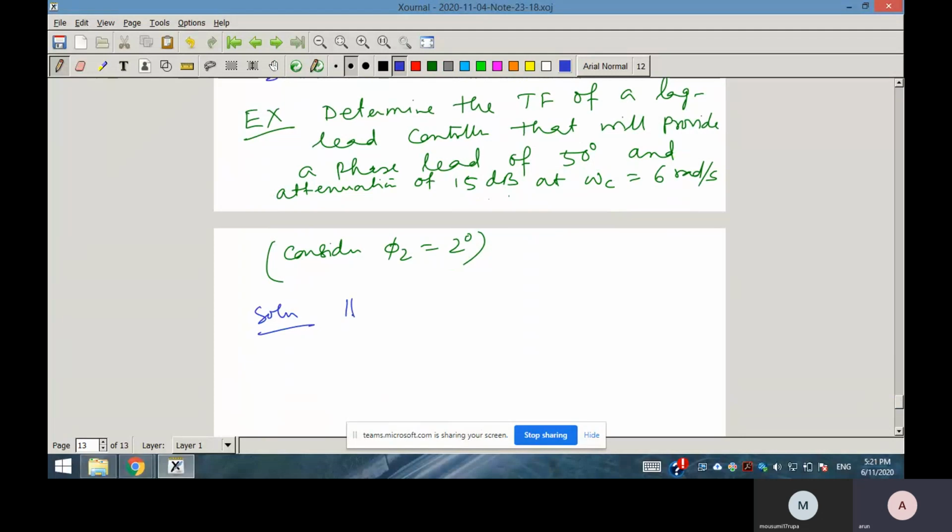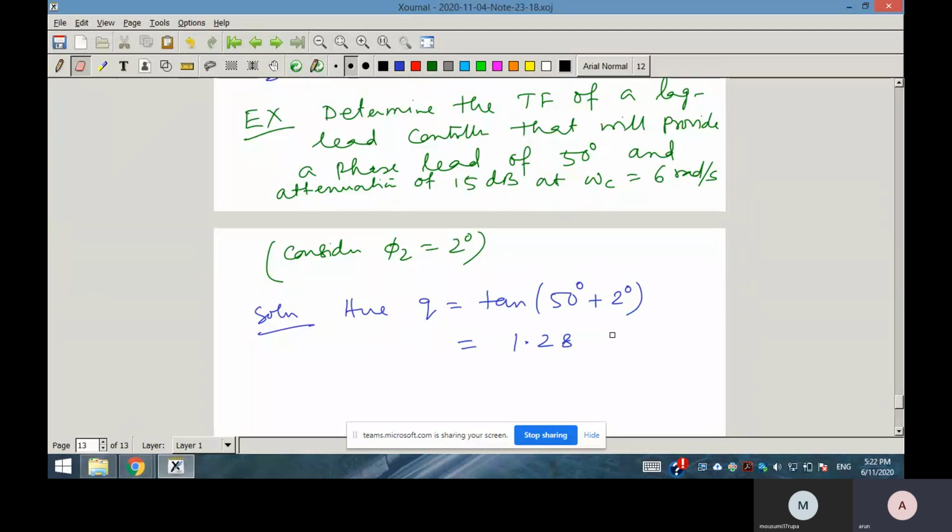So here what is Q? Q is tan of how much phase lead is needed, 50 degree, and how much lag the lag controller will provide, which is 2 degree at this frequency omega c. So if you compute, this will be equal to 1.28.